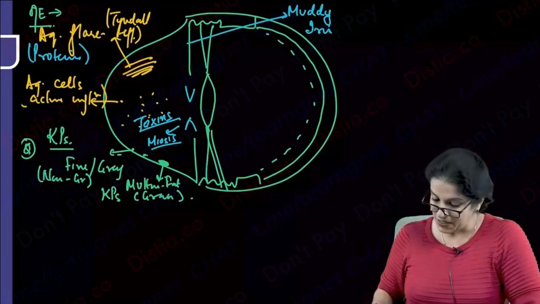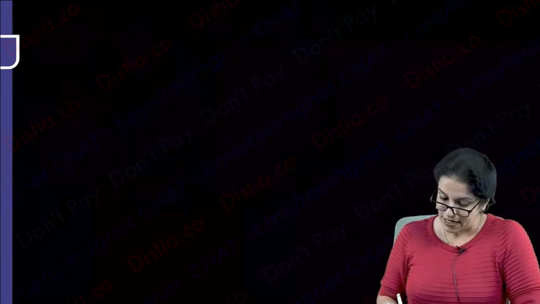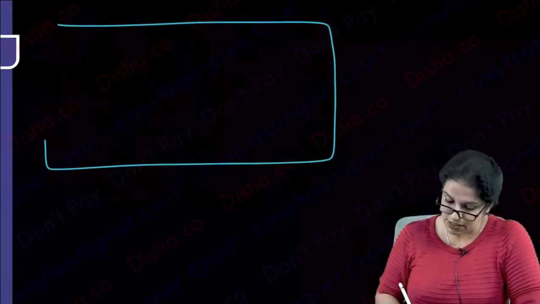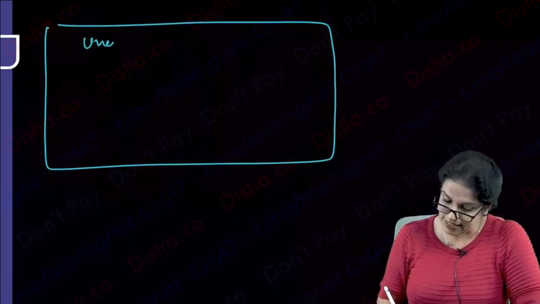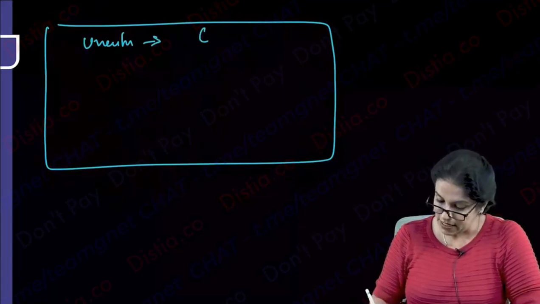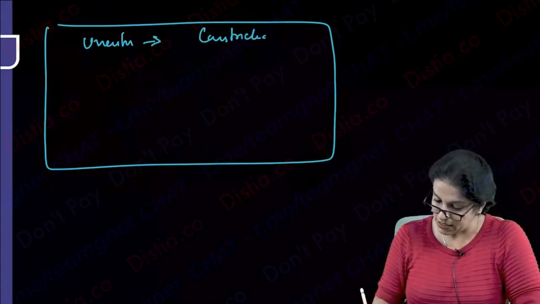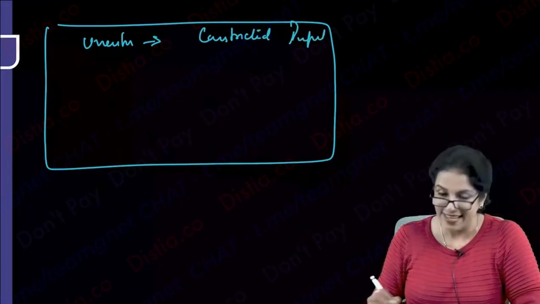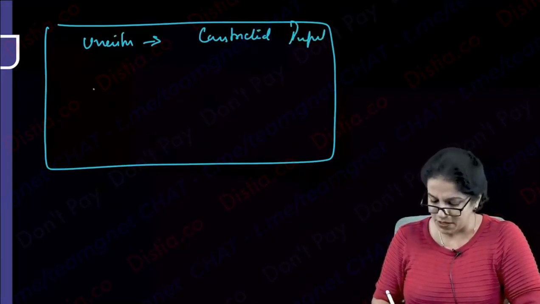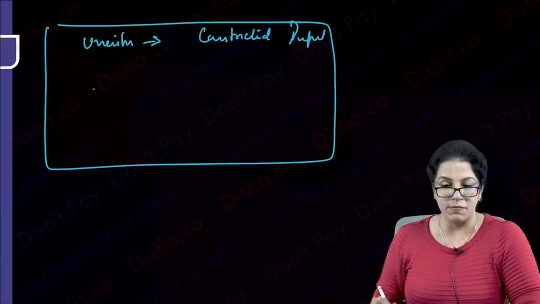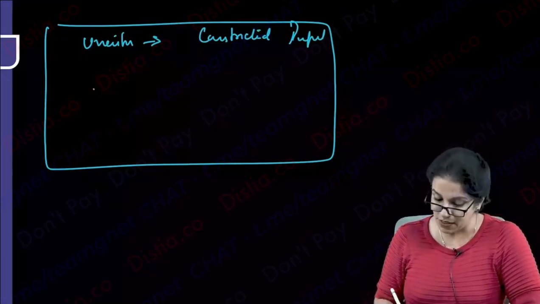I would like you all to note it down and put it in a box: in uveitis, the pupil is constricted. The rule never breaks. Whereas if I talk, exceptions are always there, I'll let you know. But primarily uveitis means constricted pupil.